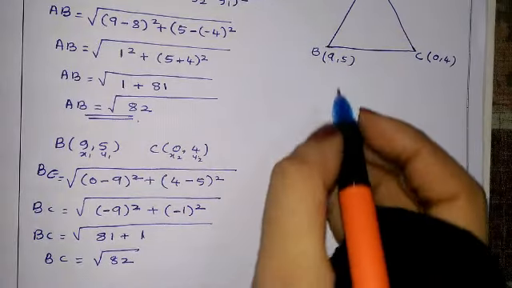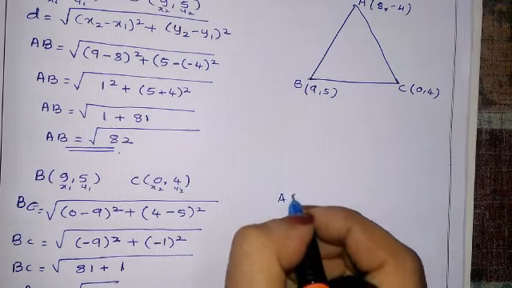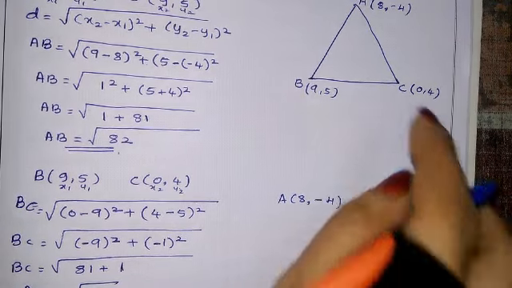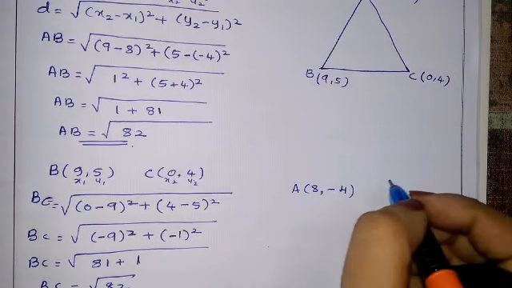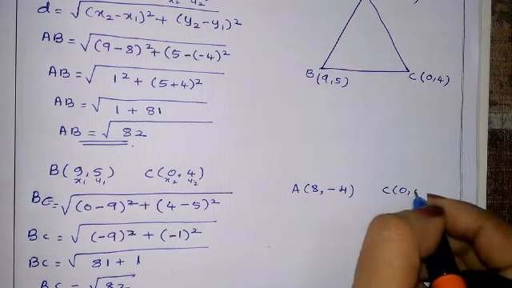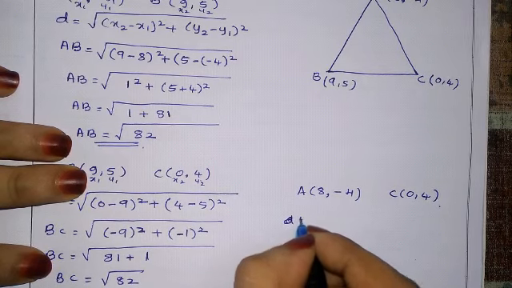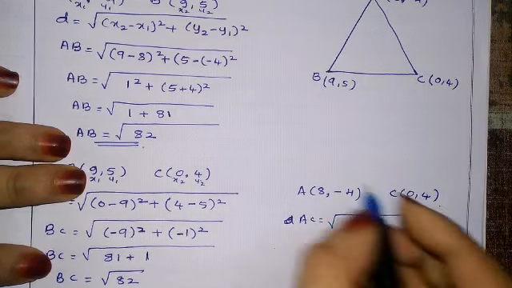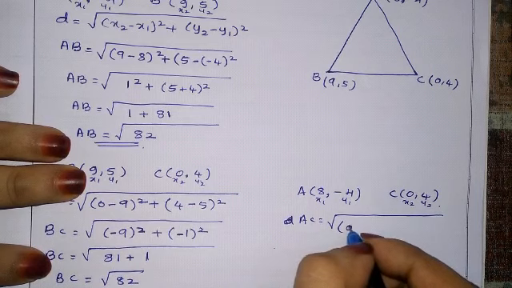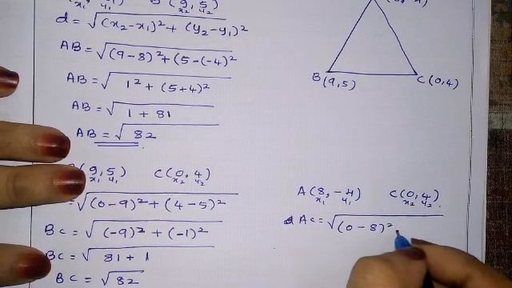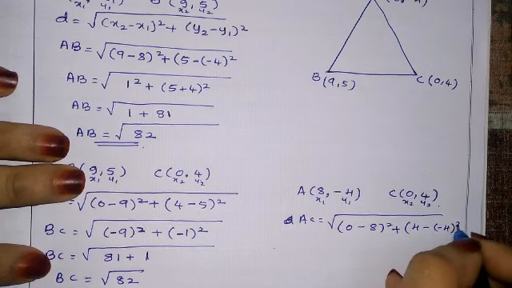In the same way, now let us find AC. Point A is (8, -4), and C is (0, 4). You can solve CA also or AC also. AC is equal to root of (x2 minus x1) whole square plus (y2 minus y1) whole square.